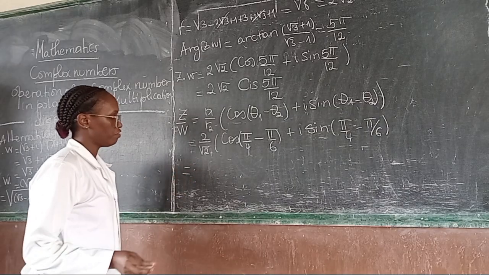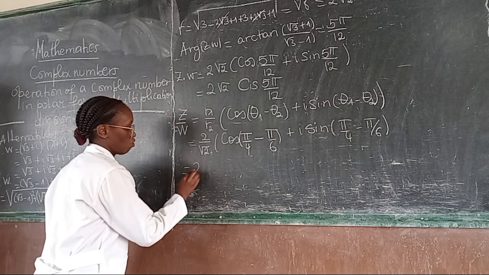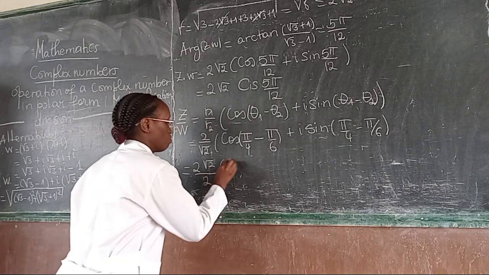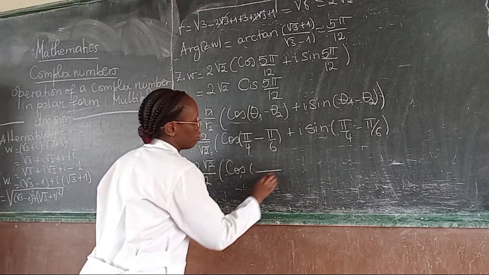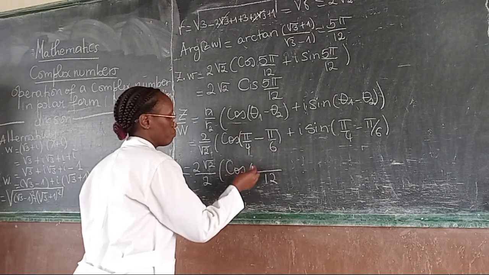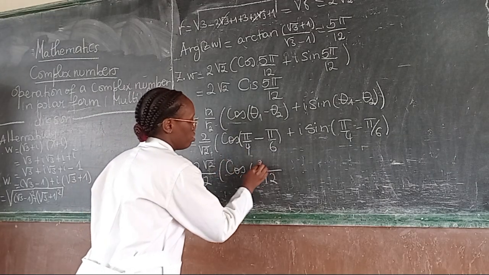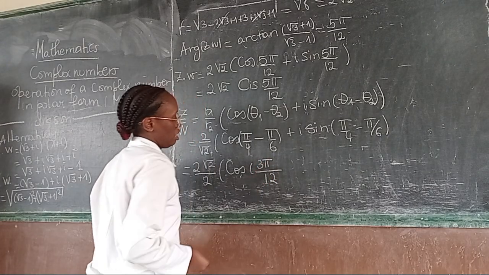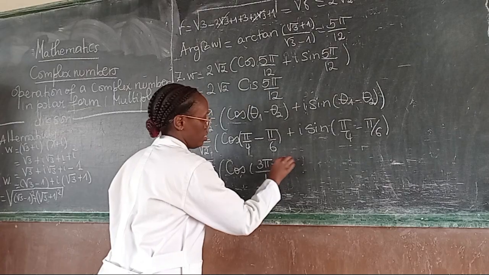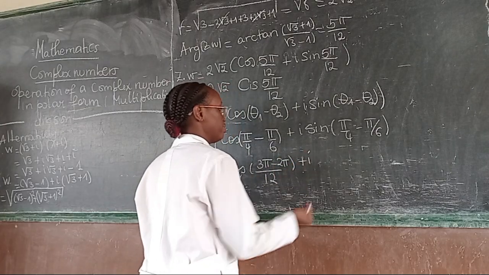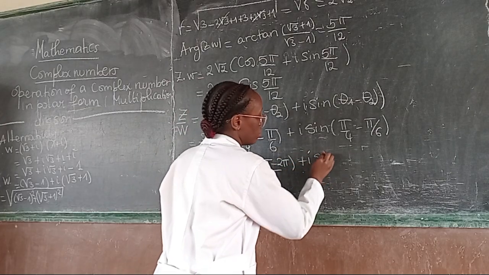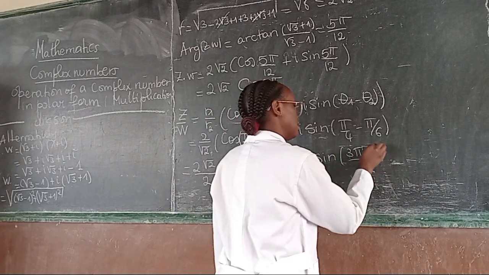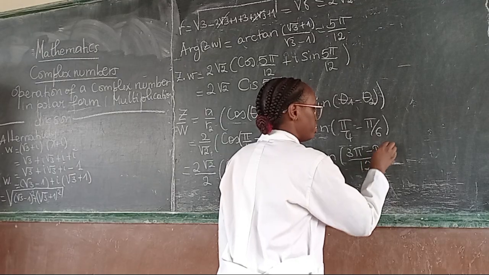So what will we have here? We will have 2 square root of 2 over 2 cosine. We have 12. Here we have 3 pi minus 2 pi, plus I sine 12. Here we have 3 pi minus 2 pi.